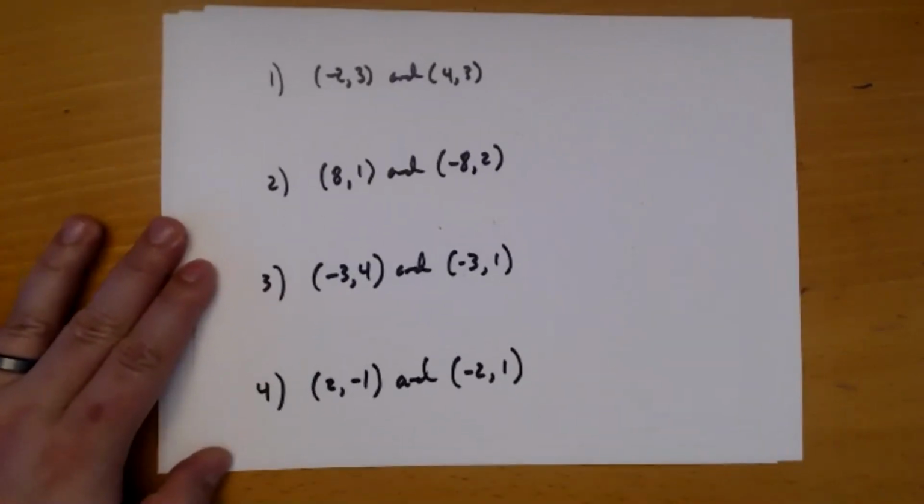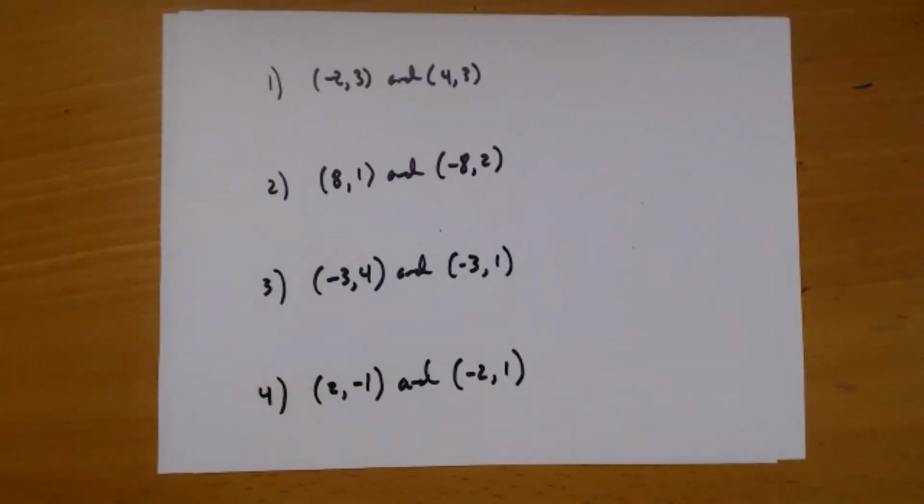Take a look at those and tell me which ones are 0 slopes and which ones are undefined slopes.